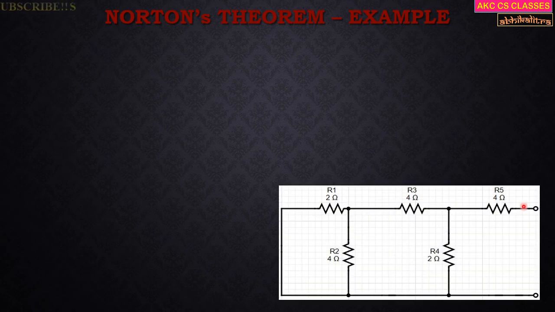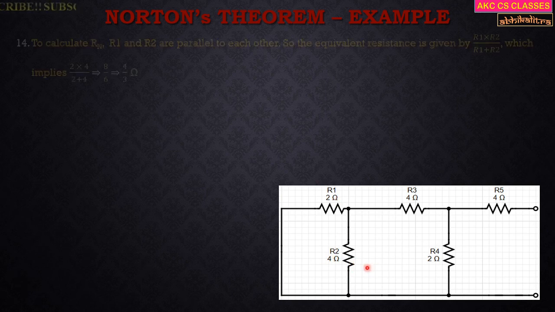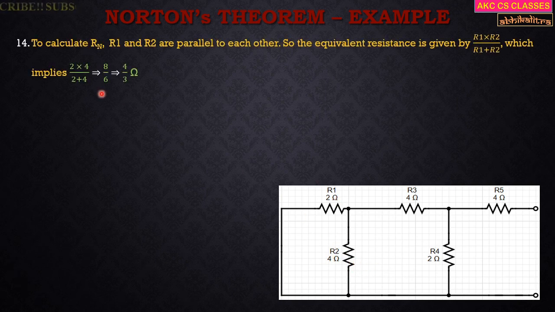Starting with the circuit diagram, over here R1 and R2 are parallel to each other. So the equivalent resistance for R1 and R2 will be given by R1 into R2 divided by R1 plus R2. That means 2 into 4 whole divided by 2 plus 4, which is 8 by 6. If I divide numerator and denominator by 2, we obtain 4 by 3 ohm.